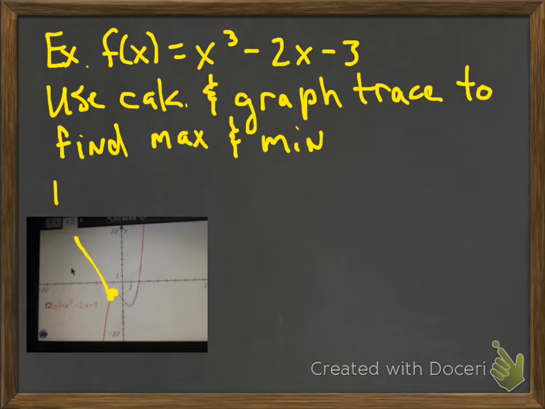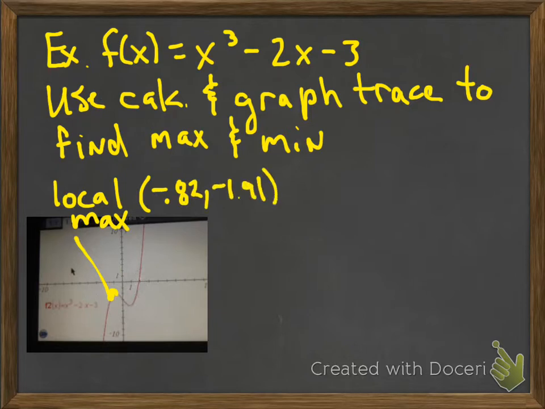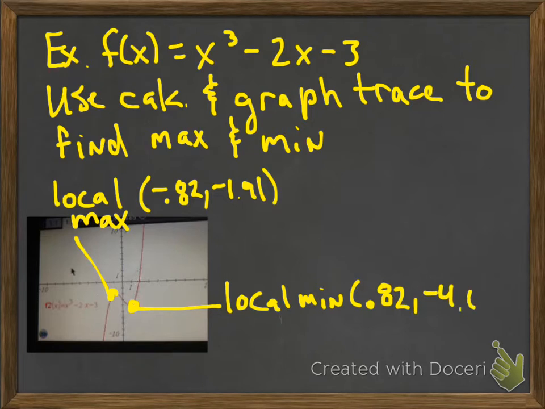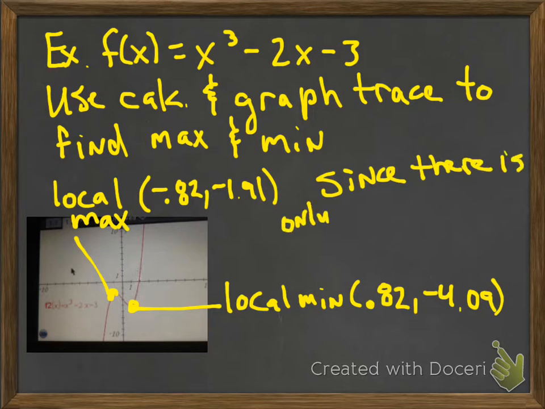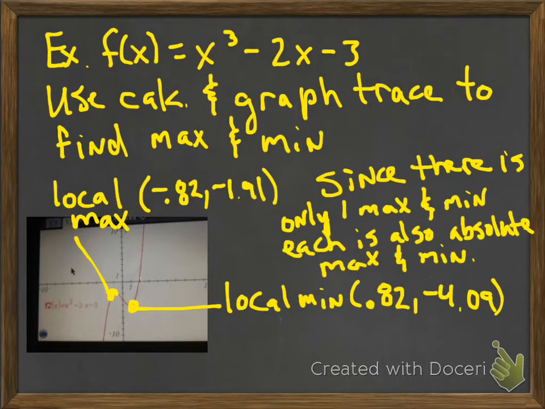According to this, the local max here was negative 0.82, comma, negative 1.91. The local min was 0.82, negative 4.09. Since there is only one of each, those local max and min are also the absolute max and min. So keep that in mind, and that's pretty much it.